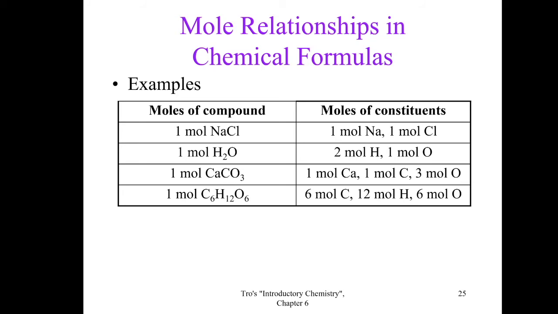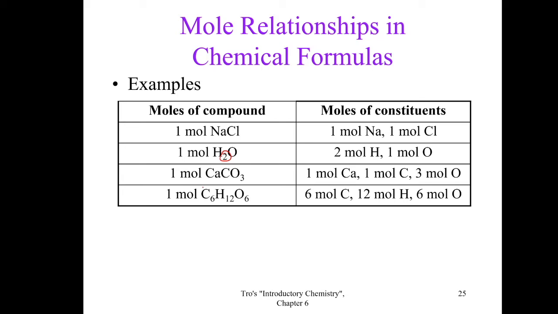So we're going to talk about mole relationships when we're dealing with the chemical formula, but we're talking about atoms. So if we have 1 mole of NaCl, that means we have 1 mole of the sodium atoms and 1 mole of the chloride ion. If we had 1 mole of H2O, then there's 2 moles of hydrogen for every 1 mole of H2O, and there's 1 mole of oxygen for every 1 mole of H2O, because there's only 1 oxygen in that compound.